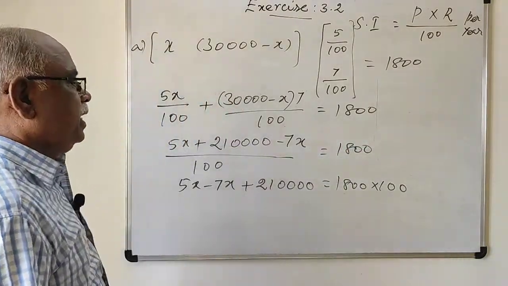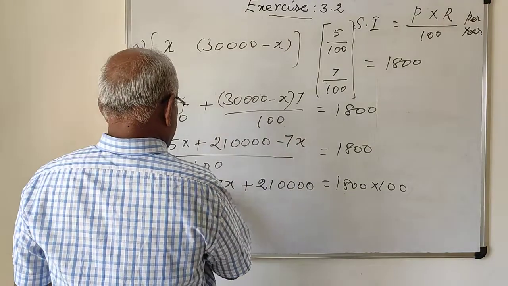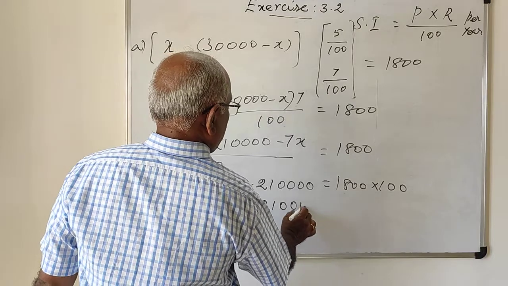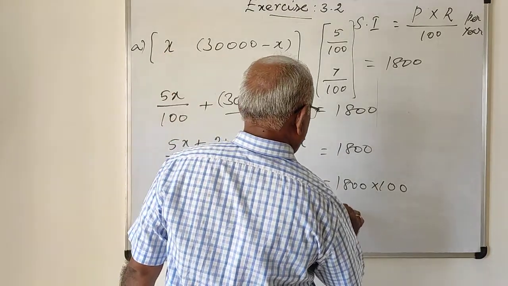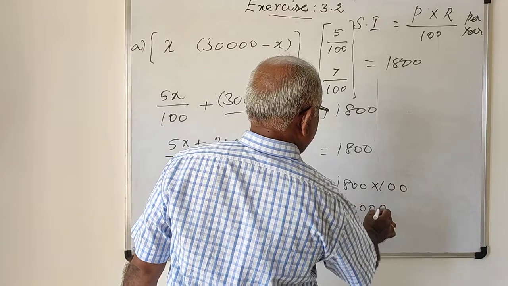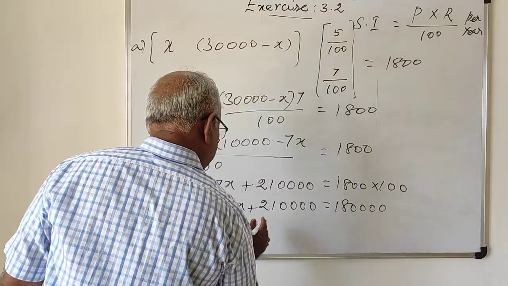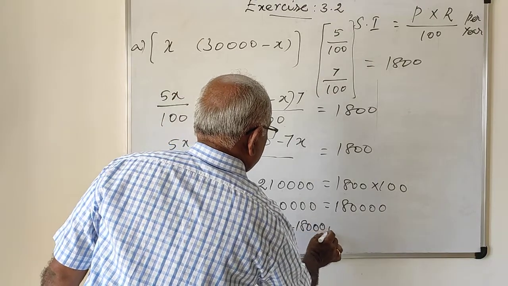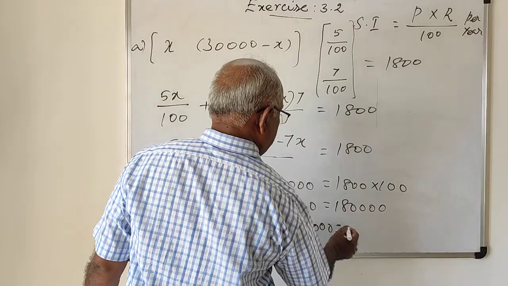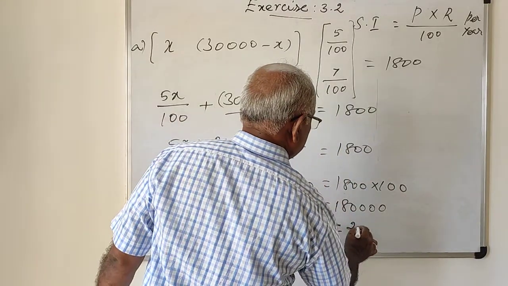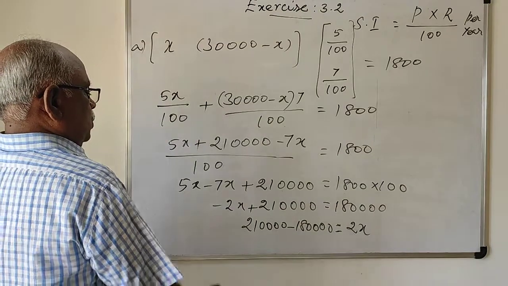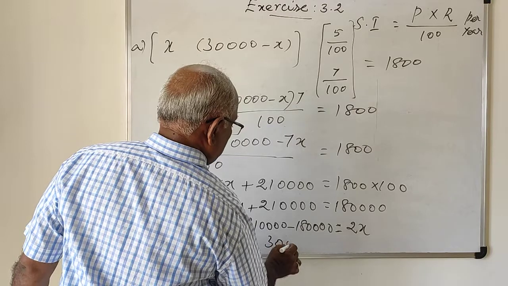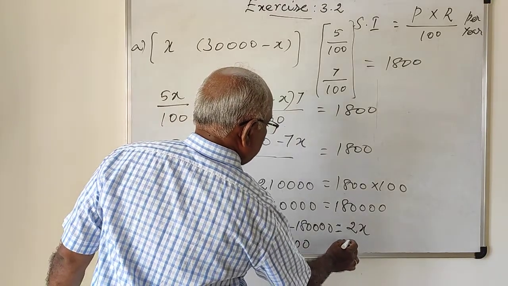On the right hand side it becomes 1800 into 100. 5x minus 7x is minus 2x, plus 2,10,000 equal to 1,80,000. Bring the 1,80,000 to the left hand side and the minus 2x to the right hand side, it becomes plus 2x. So 2,10,000 minus 1,80,000 is 30,000, equal to 2x.